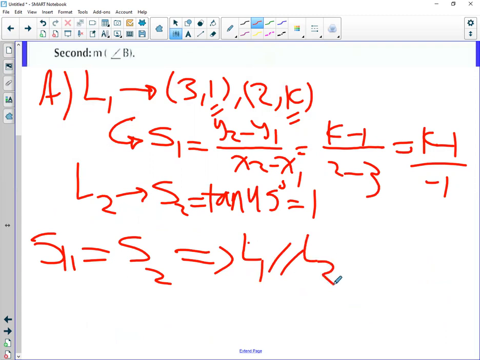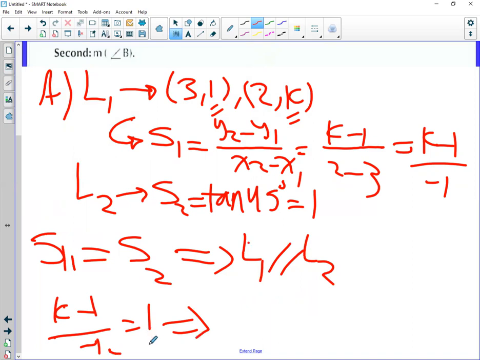Slope 1 equals k minus 1 over negative 1, and slope 2 equals 1. Cross multiplication, we get the value of k.